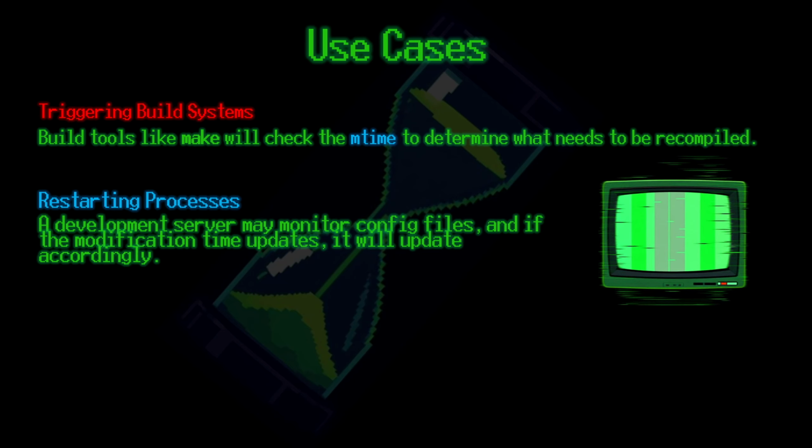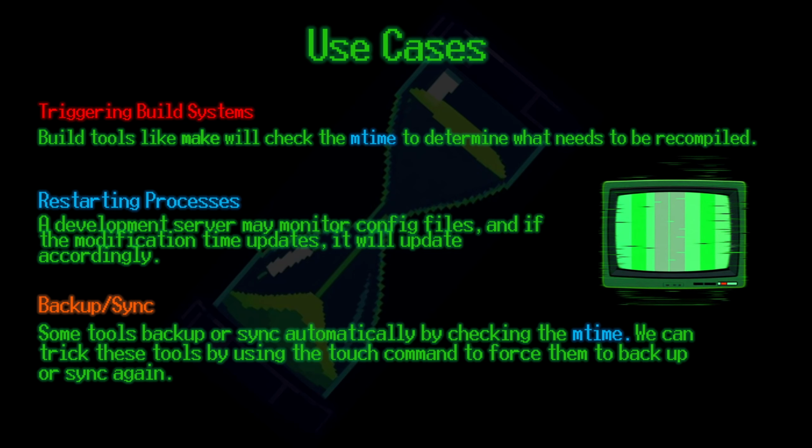A development server may monitor config files, and if the modification time updates, it will update accordingly. And then finally, we've got the backup and sync use case. Some tools may automatically back up or sync by checking the modification time. We could trick these tools by using the touch command to force them to back up or sync again.